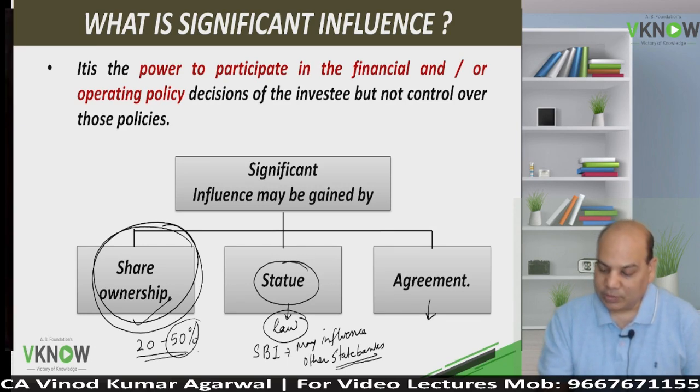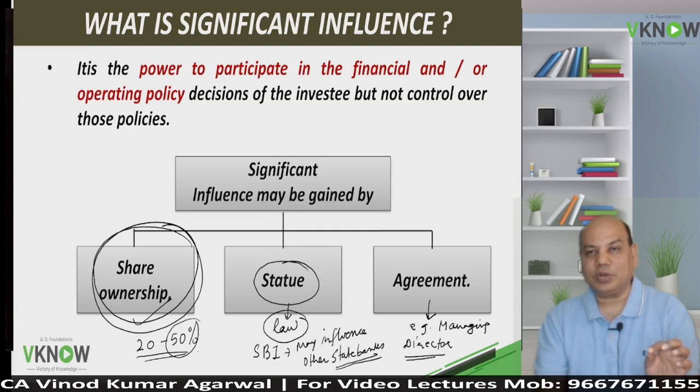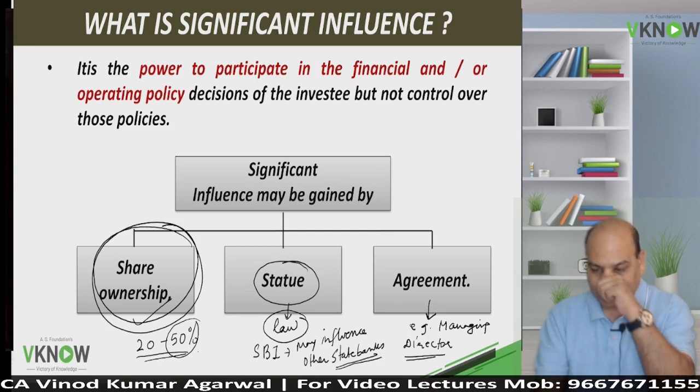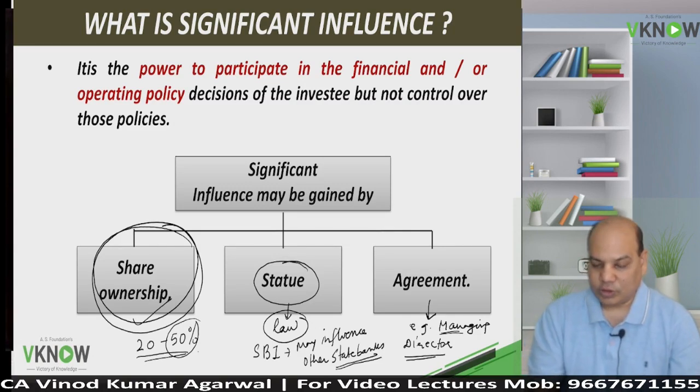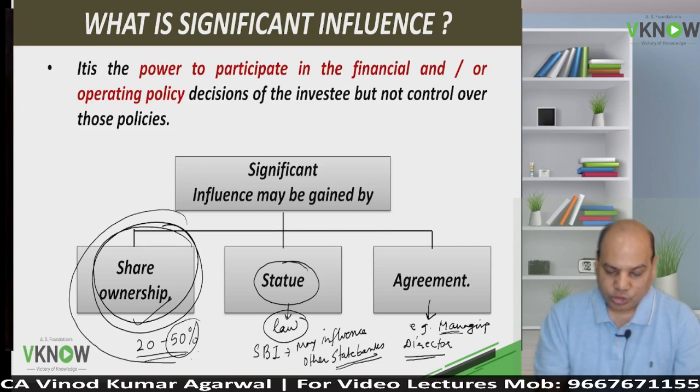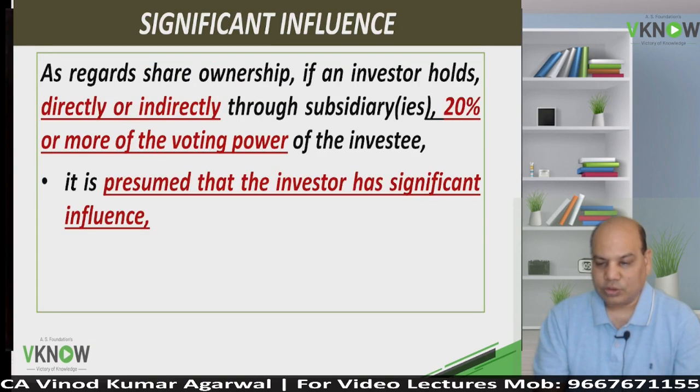Or it can be by agreement. For example, the managing director of a company can have significant influence because of the agreement between the company and the managing director, because he is given so much power that he is able to exercise significant influence. But we would be mostly concentrating our effort on understanding significant influence through share ownership.